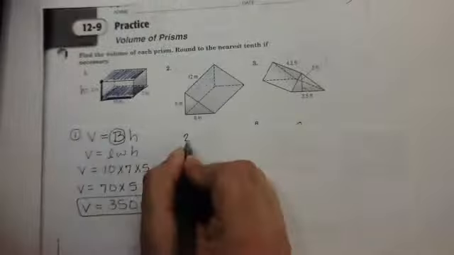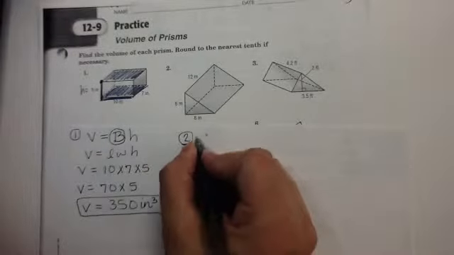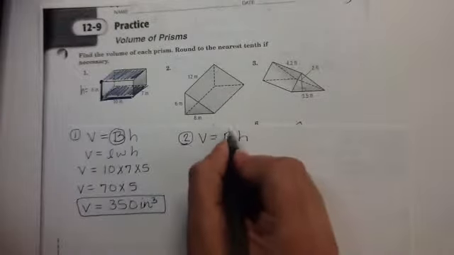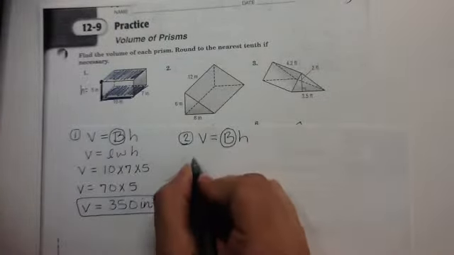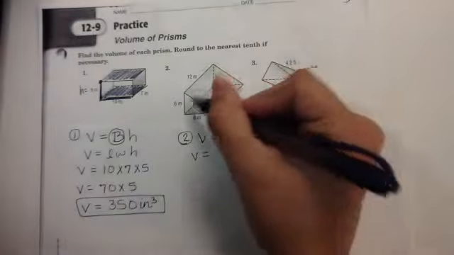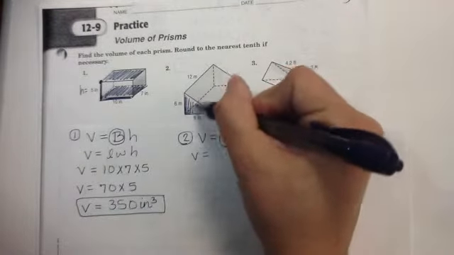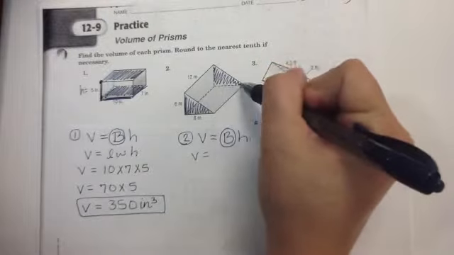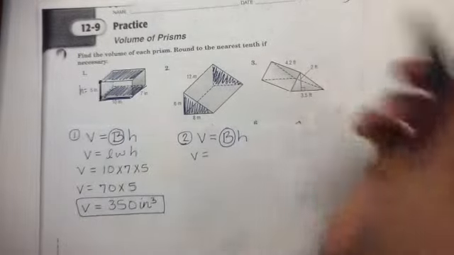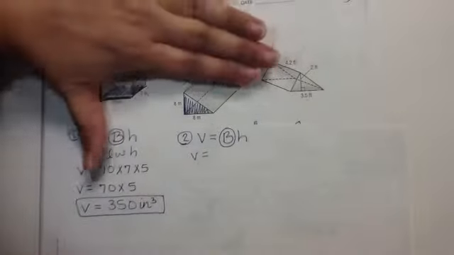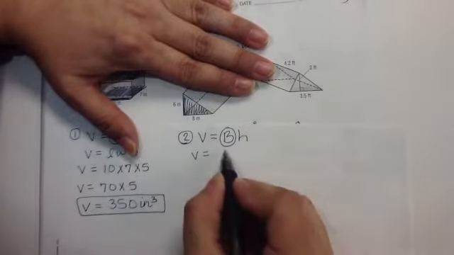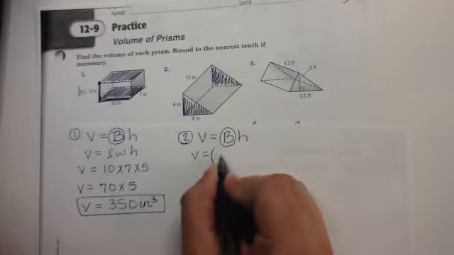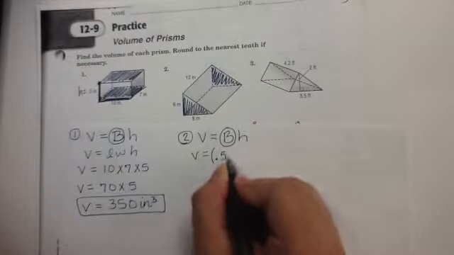For number 2, I want you to write the formula. Then I want you to break down the letter B, the area of the base. And the base in this case is a what? Triangle. Good, a triangle. Okay, so looking only at the triangle, well, first let me write it. It's going to be parentheses, base times height times half, right?